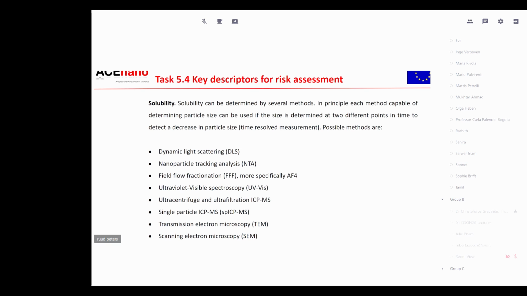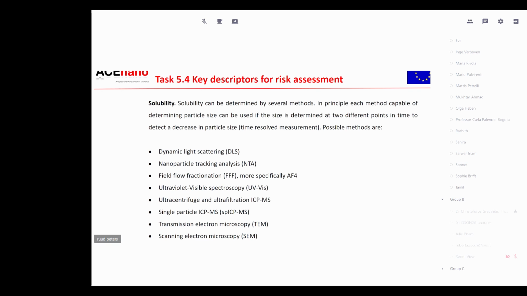Methods which are possible are dynamic light scattering, nanoparticle tracking analysis, field flow fractionation, UV-vis would also be possible, and also possible is ultracentrifugation or ultrafiltration combined with ICP-MS. And that's an alternative that you can use to remove or to isolate your particles by centrifugation or filtration, and then determine the solubilized material by ICP-MS, which of course only works if it is inorganic material.